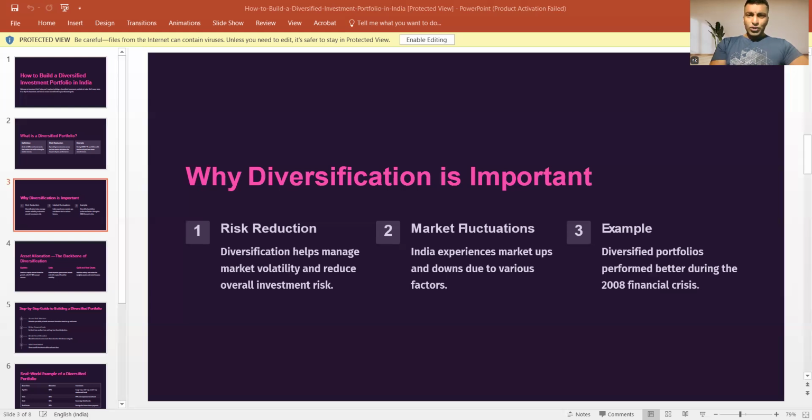India, like any other country, experiences its share of market ups and downs due to factors like elections, global events, economic policies, and natural disasters. So there are many factors affecting the stock market and stocks, right? When you're diversifying your investment, that actually helps you ride through these fluctuations with minimal impact.